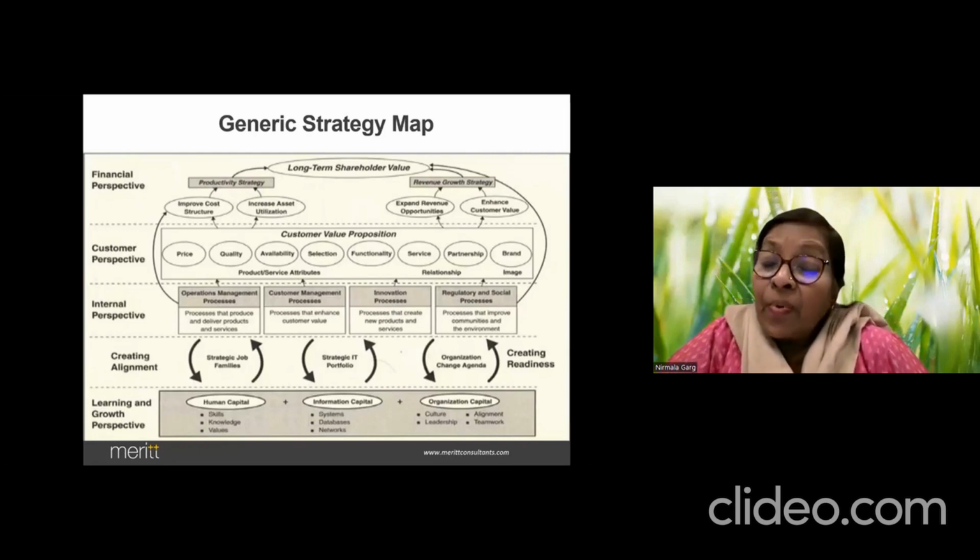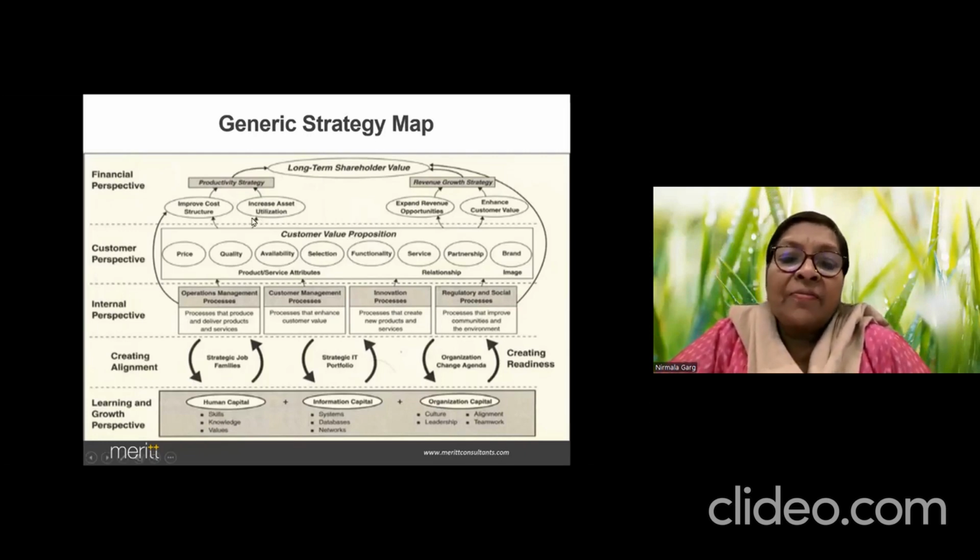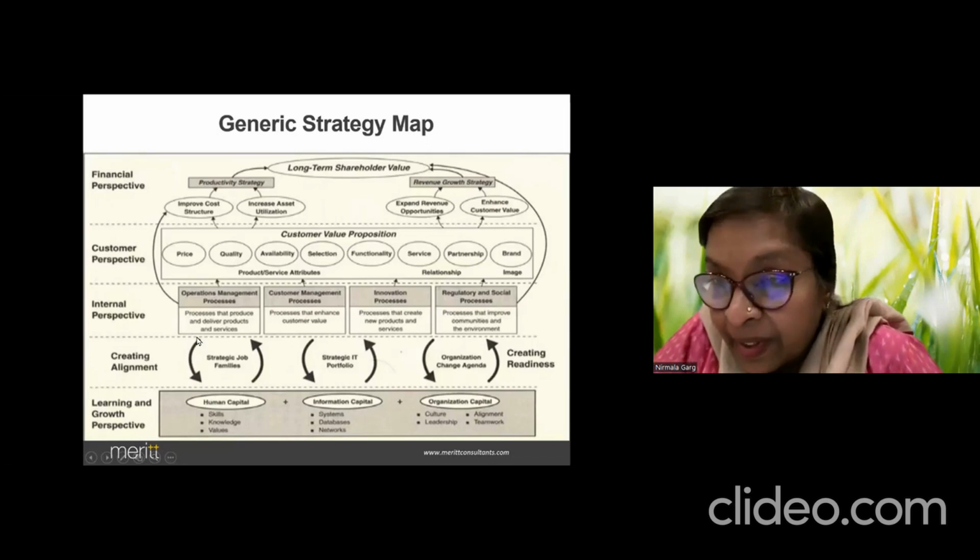It's very important when you are creating a strategy map. It is not just sufficient to create these boxes, but it's also very important to create those arrows indicating which objective actually causes the effect in the higher perspective.